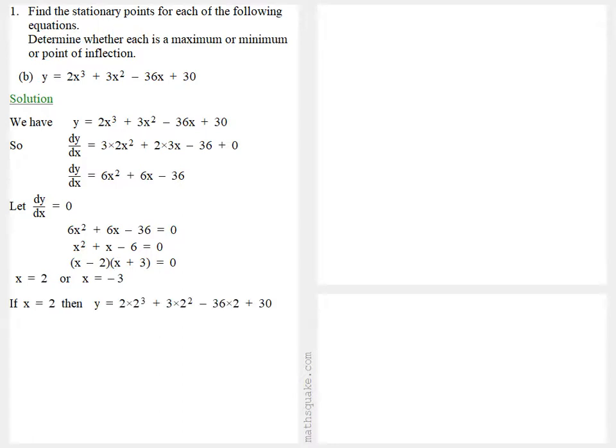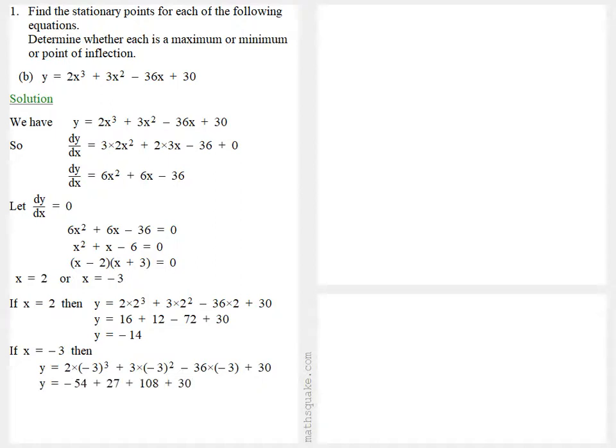And if x is 2, then y is equal to 2 times 2 cubed plus 3 times 2 squared minus 36 times 2 plus 30, which is 16 plus 12 minus 72 plus 30, so y is equal to minus 14. If x is equal to minus 3, we can substitute it into the equation. y equals 2 times minus 3 cubed plus 3 times minus 3 squared minus 36 times minus 3 plus 30.